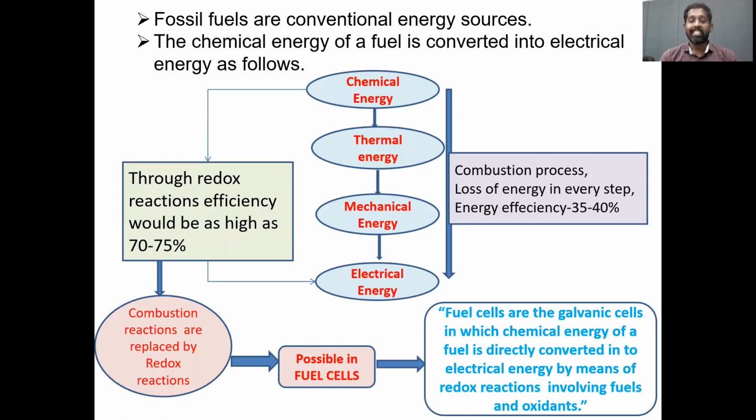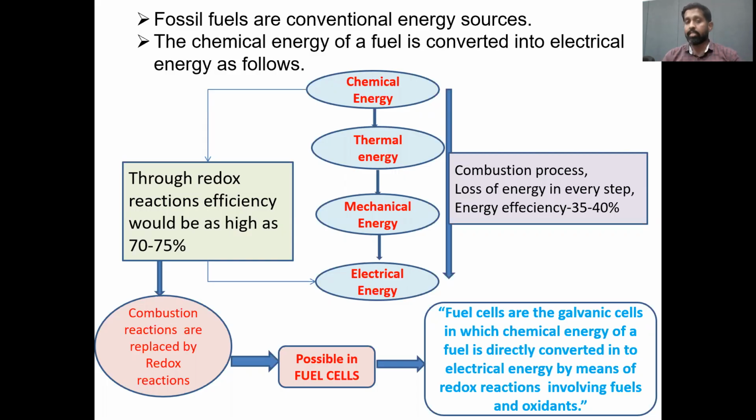We all know that, and I'm not going into detail about the combustion process. In simple terms, during the combustion process of converting one form of energy into another, there's a huge loss of energy in each and every step. Energy efficiency decreases, and we get around 35 to 40% efficiency during a simple combustion process.